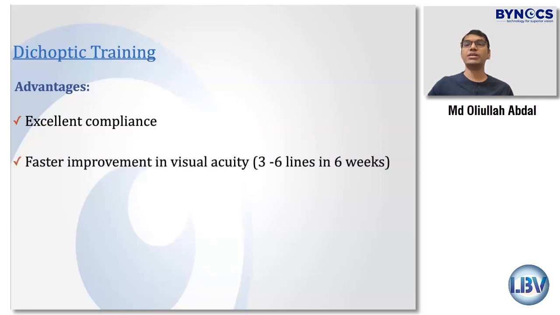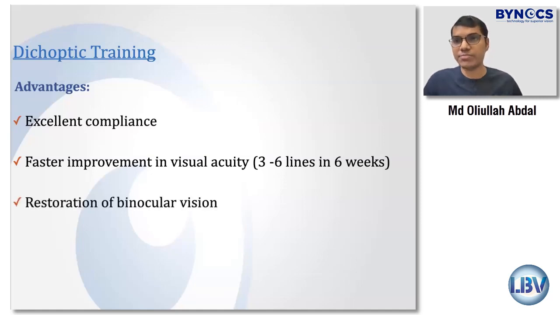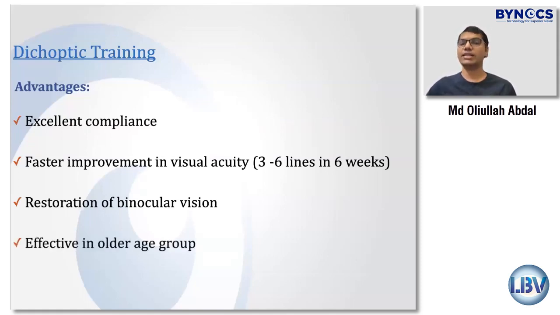The improvement of visual acuity is quite fast. You can achieve 3 to 6 log multi-line visual acuity improvement in only 6 weeks. If there are more amblyogenic factors or a denser amblyopia, you can extend it at any point of time. Most dichoptic training can restore a patient's binocular visual functions like fusion and stereopsis, and it is effective in older age groups.